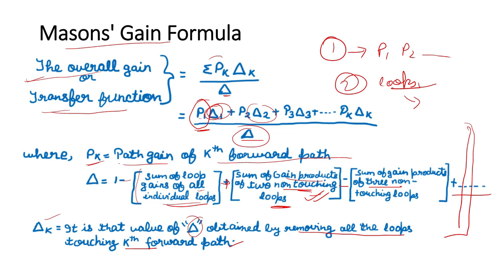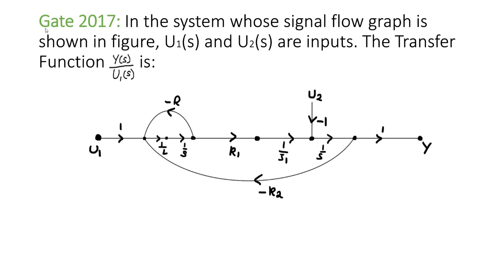For understanding this formula, you need to have some example. Let's solve this question of GATE 2017 to get a better understanding of this formula. You have a system here, whose signal flow graph is shown in the figure, and U1(s) and U2(s) are inputs.